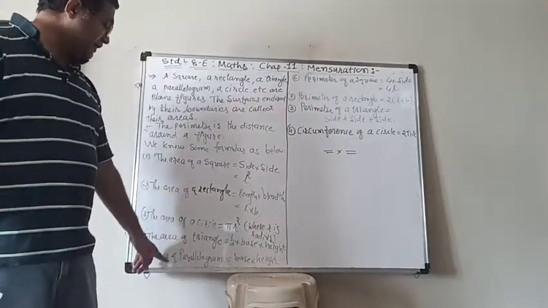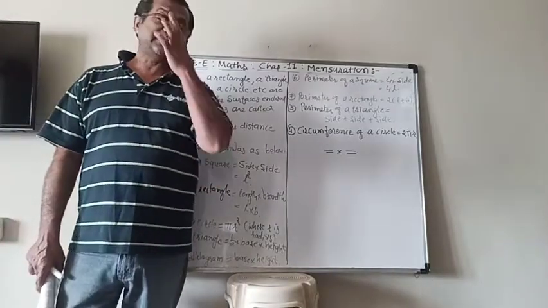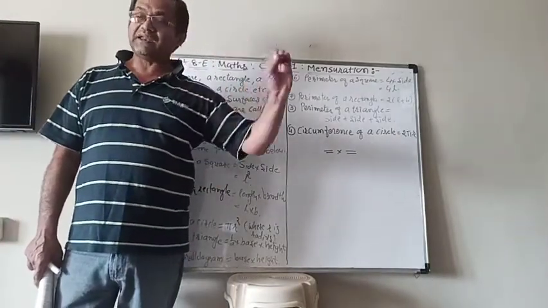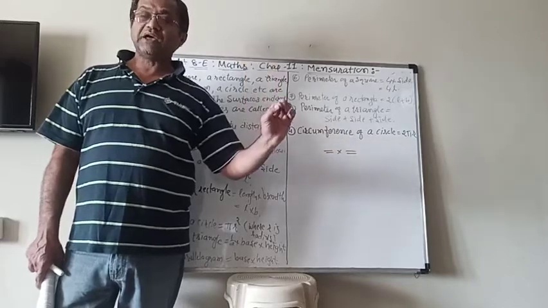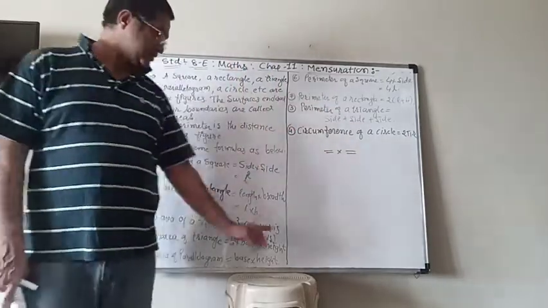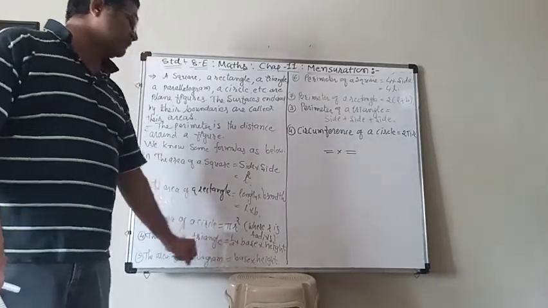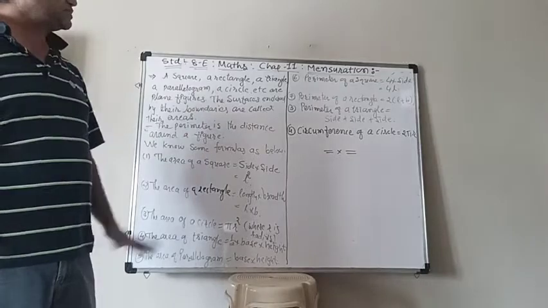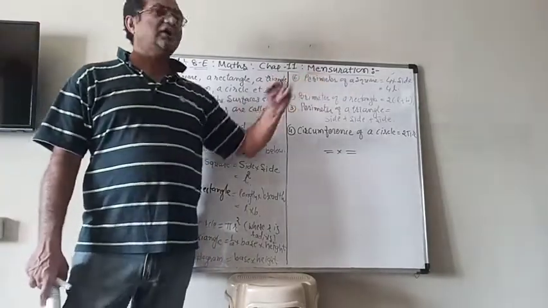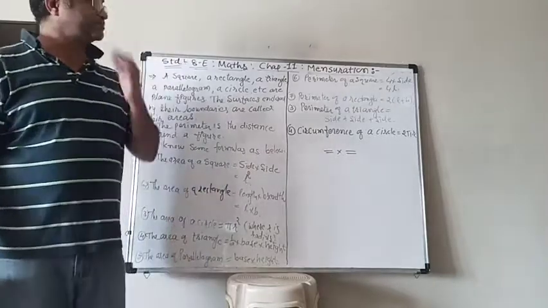And the area of a parallelogram is the length of the base multiplied by height. So here 1 by 2 is not there, and in triangle there is 1 by 2. That is the difference.